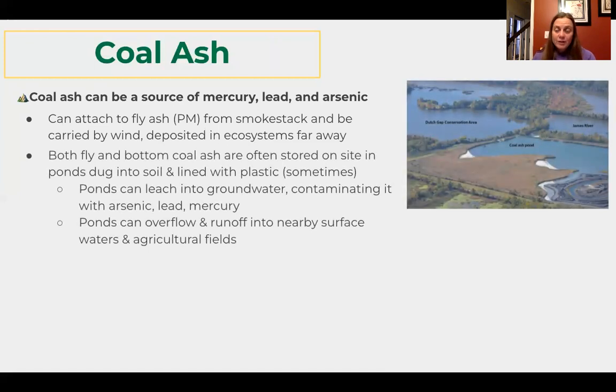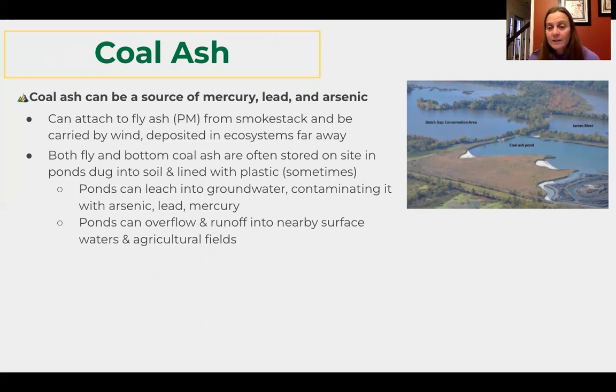If you have good filtration systems, those baghouse filters or dry scrubbers or electrostatic filters, whatever sort of filter we might have, the coal ash is collected, it's often stored on site, and that's stored on site in ponds that get dug into the soil. Sometimes those get lined with plastic, but not always.